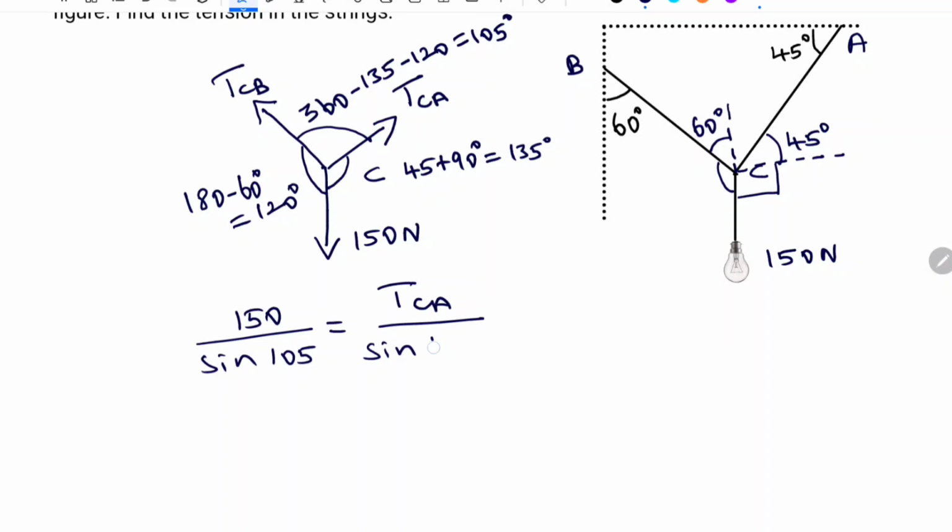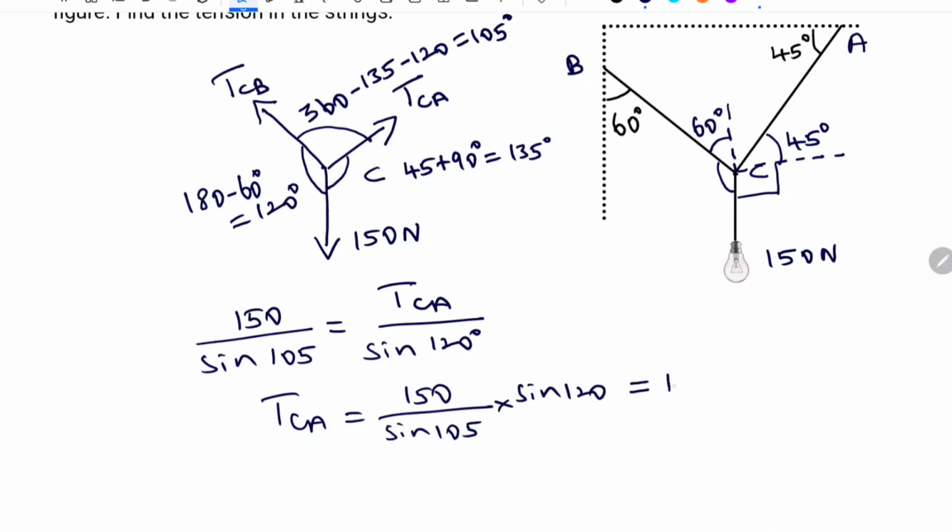So it is sine 120 degree. Now I can write TCA is equal to 150 divided by sine 105 into sine 120. If I solve this, I'll get 134.4 Newton. So now I have calculated the tension TCA.